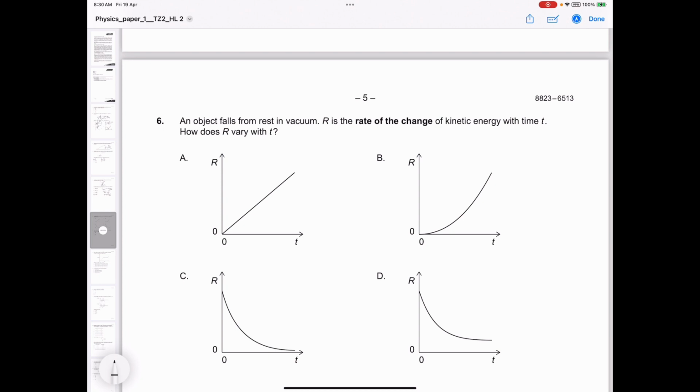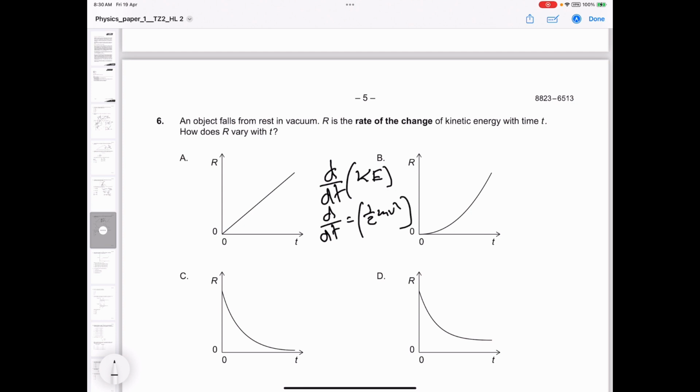Okay, so this one is about an object that falls from rest in a vacuum, and R is the rate of change of kinetic energy with time t, and we have to find out how R varies with time t. So the rate of change of kinetic energy is d by dt of the kinetic energy, and this of course is d by dt of half mv squared.